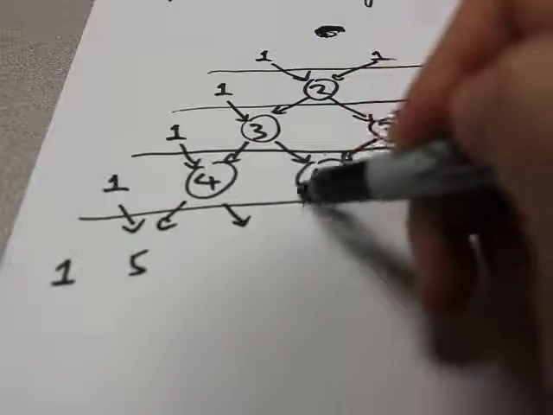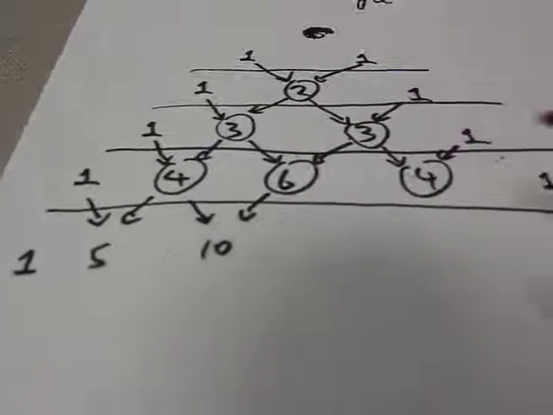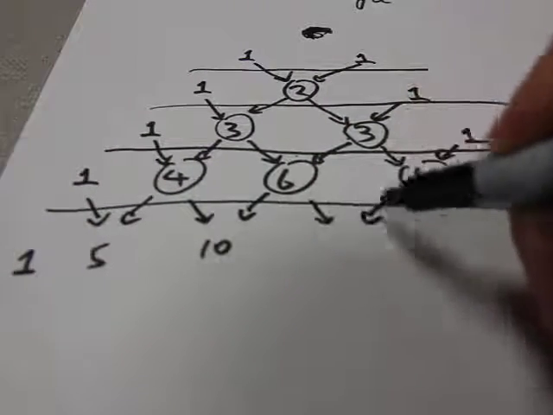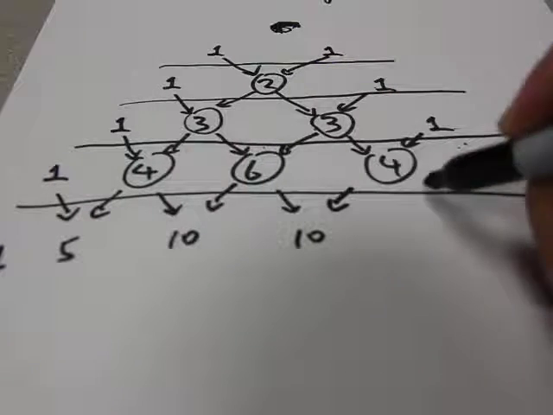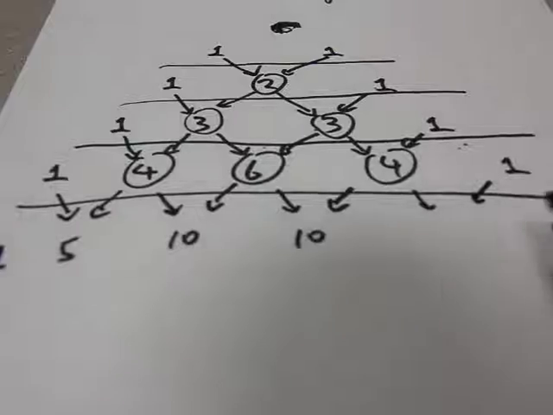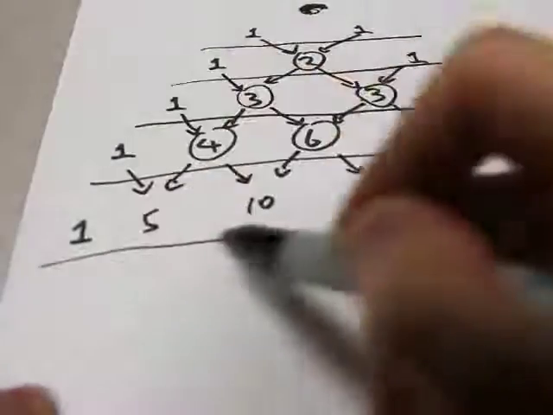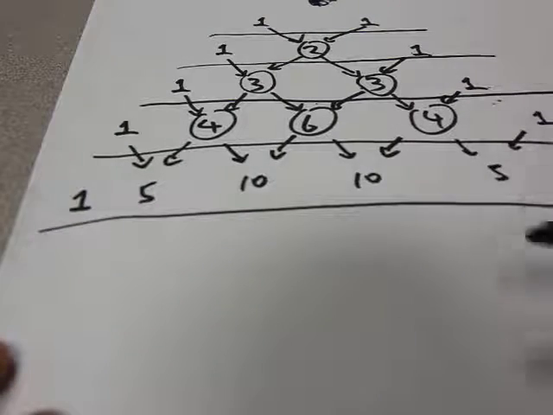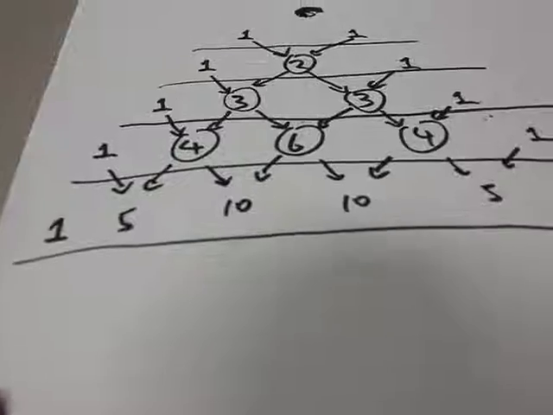And the third number is a sum of 4 and 6, so it's 10. And the fourth number is a sum of 6 and 4, so it's also 10. And the fifth number is 5. Okay? And using this way, you can continue to write whatever the row.